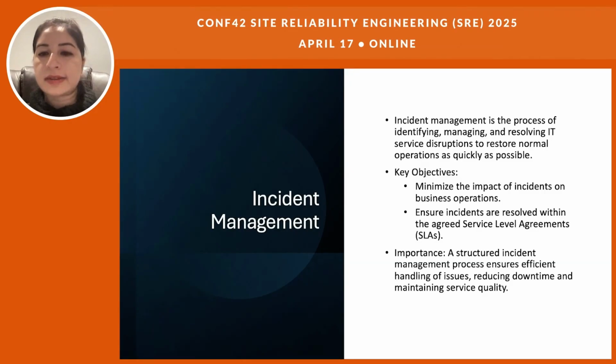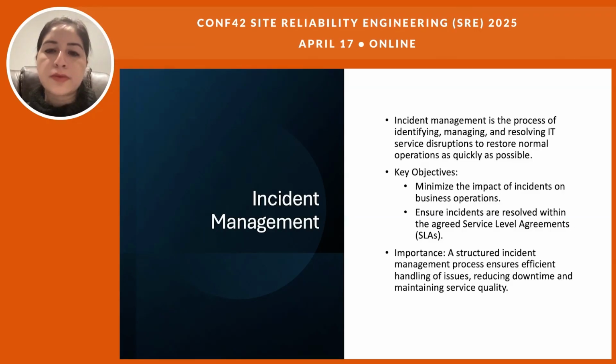Without a robust incident management process in place, it will be utter chaos. Teams will scramble without clear roles or priorities, prolonging the outage. But with a structured approach, the incident is logged, categorized, escalated, and the issue resolved swiftly, minimizing disruption.